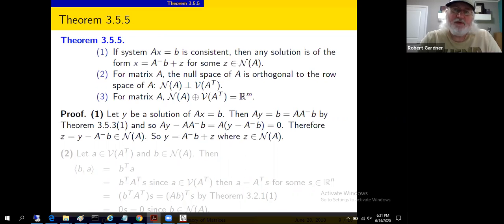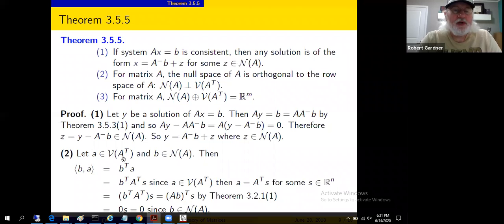A vector in the null space of matrix A is perpendicular to any vector in the row space of matrix A. All right, take an element of the row space. I've got this transpose stuff we'll have to deal with, but that's going to turn out to play a convenient role. Let b be an element of the null space. Let's take an inner product.